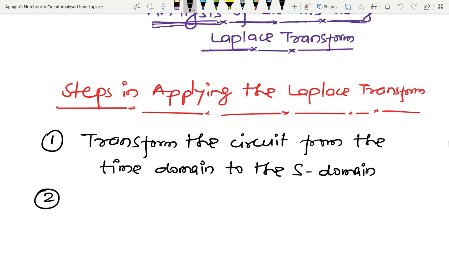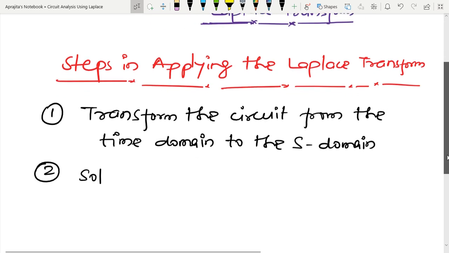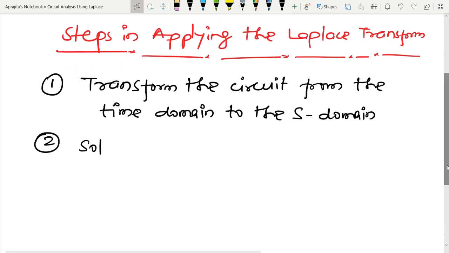And after that, second step. Now what we have observed is that whenever we are talking about S domain, at that time everything is analyzed using some kind of algebraic equation. And in the first part of this course, when we did the analysis of DC circuits, we saw that everywhere I have just some kind of algebraic equation.